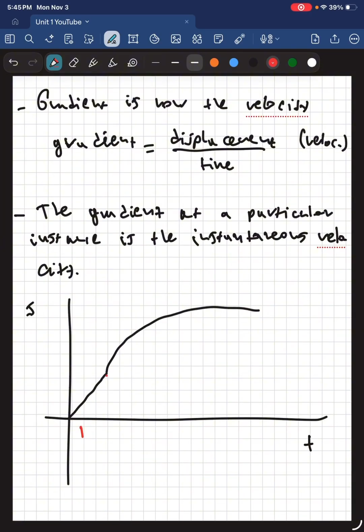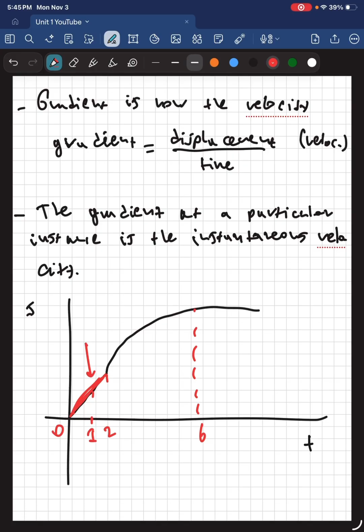This is 1 second, this is 2 seconds, and then maybe 6. In this segment over here, the instantaneous speed at 1 second is the same as the instantaneous speed at 2 seconds because this is a straight line.